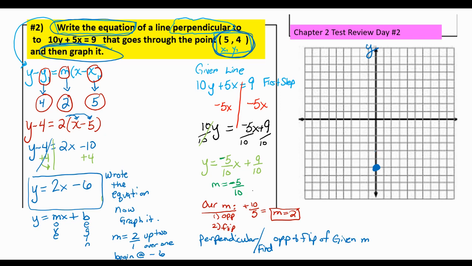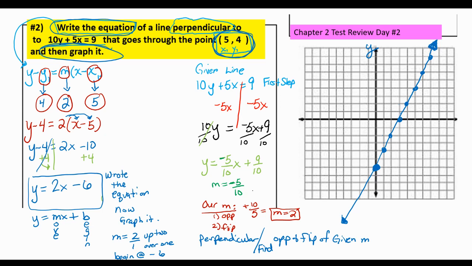And then from there, up 2 boxes over to the right. Up 2 over 1. Up 2 over 1. And draw your line. Make sure the line goes across the whole grid.